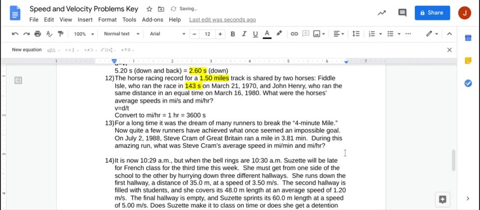Okay, what we need to do is we have our distance. Our distance is 1 mile. And we have a time, 3.81 minutes. So this is another one where you have to do converting.